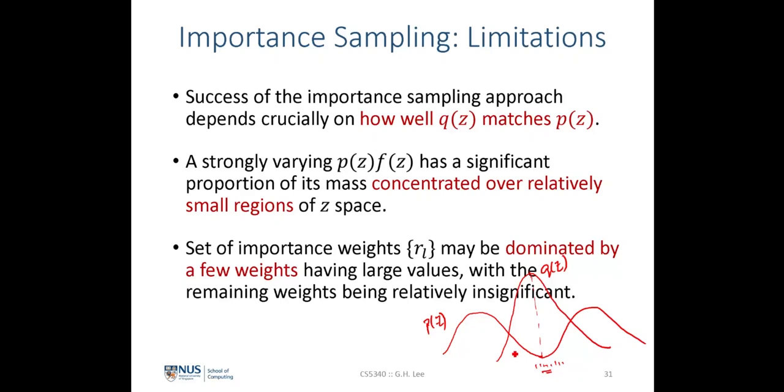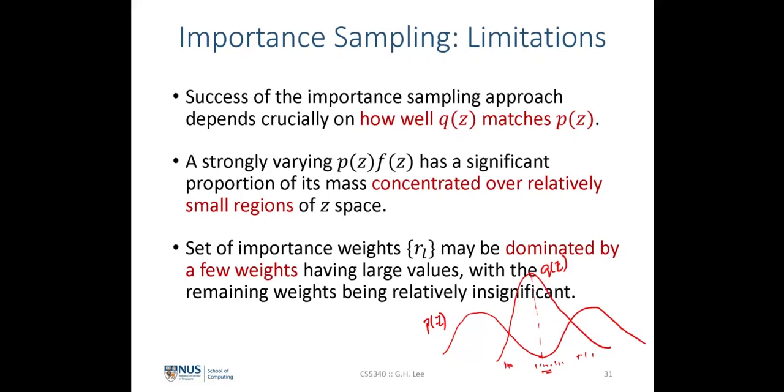So we'll only end up with very few samples over here, which corresponds to low proposal distribution probability, but over here we'll get very high importance weight. But what we'll get here would be a significantly sparser distribution of samples that we can draw, because it corresponds to a very low probability region of the proposal distribution.